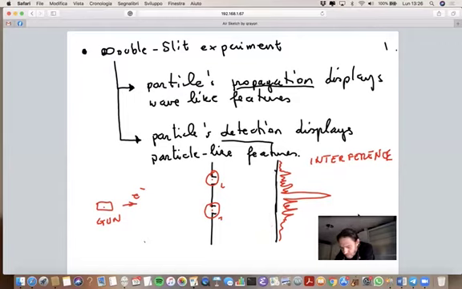However, when you put an array of detectors here, like you cover this board with detectors, you can record exactly the time at which they are hit by an electron, because at that moment they emit an electromagnetic impulse, actually a current.